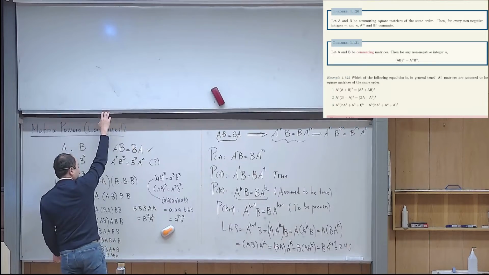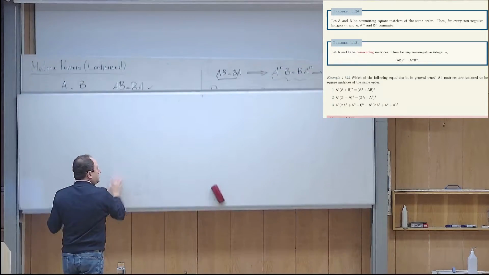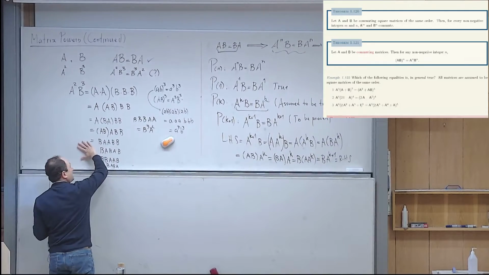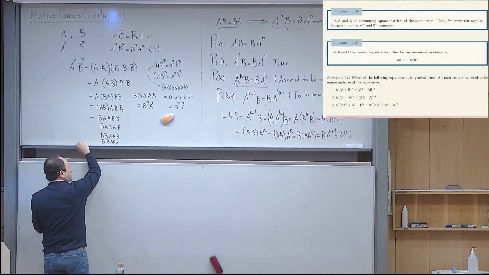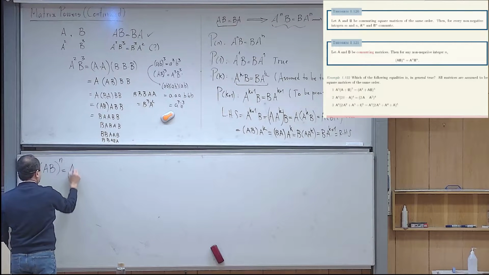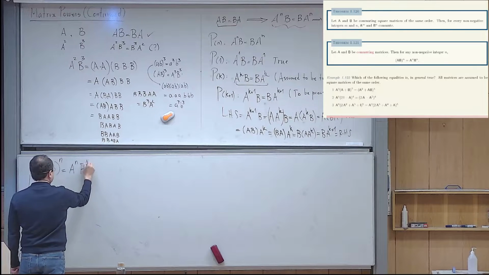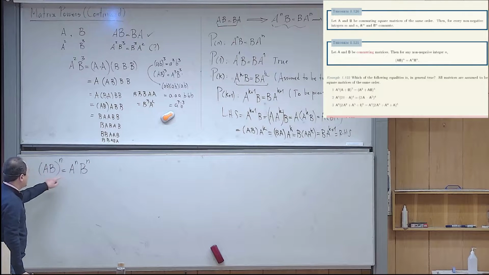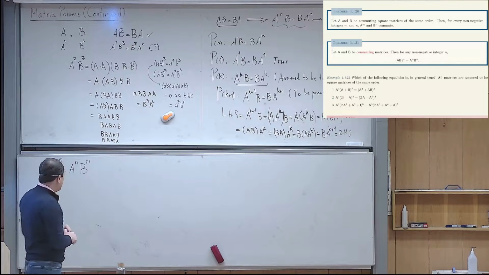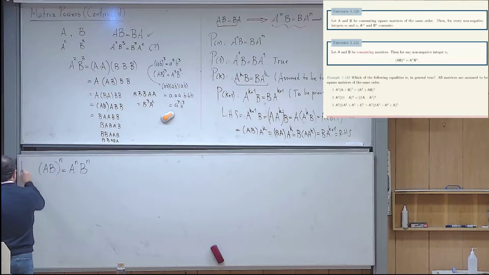Okay, but this tells you under what condition this is valid. Of course, you could guess. If I want to use (AB) to the power of n equals A^n B^n, under one condition this is true, and that is A and B are commuting matrices. So let us prove this one. I will also prove this using mathematical induction.